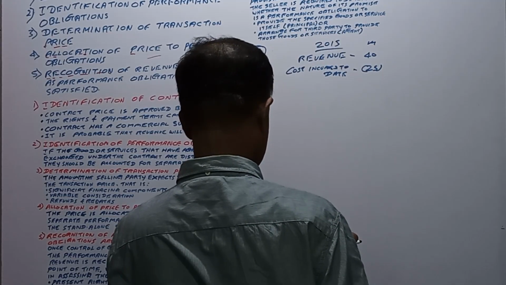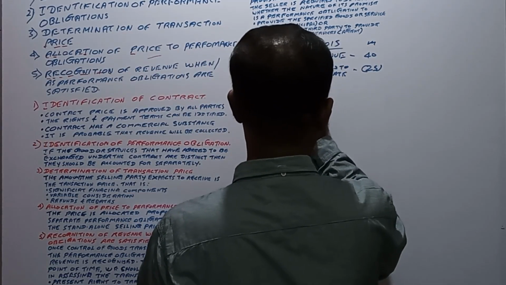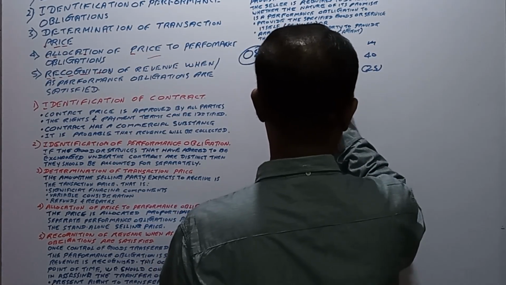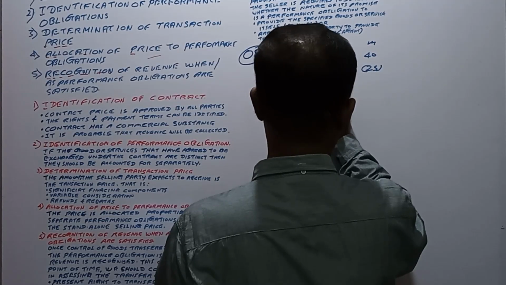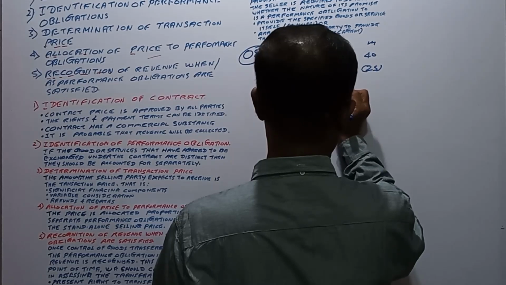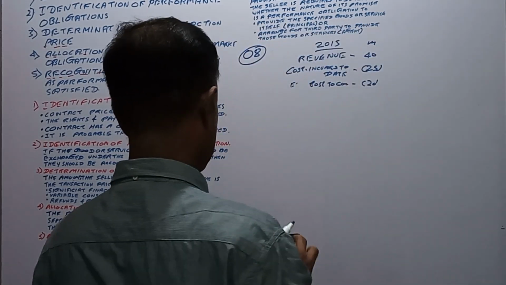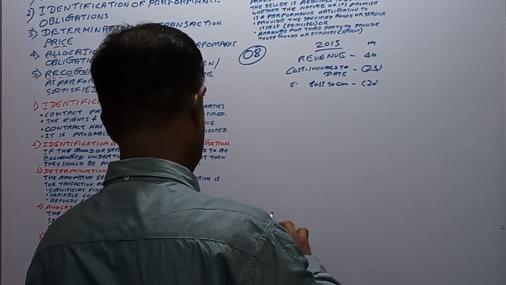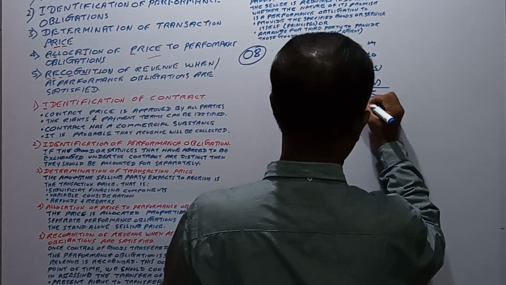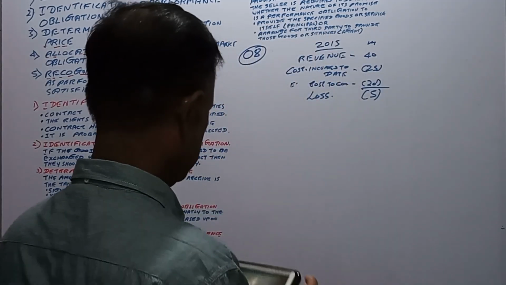The estimated cost to complete is 20 million, right? So we have incurred a loss of 5 million, right?